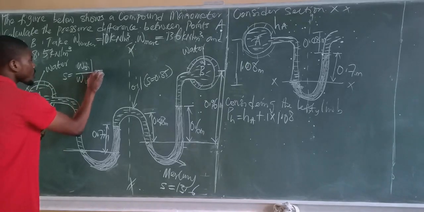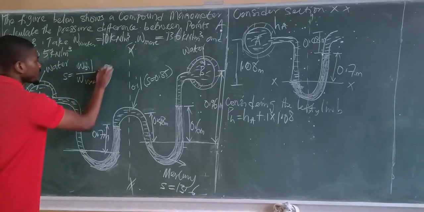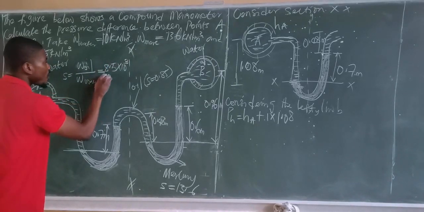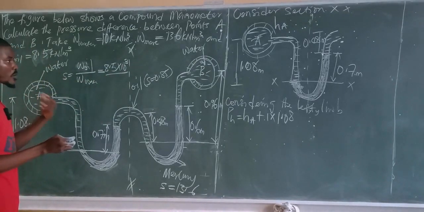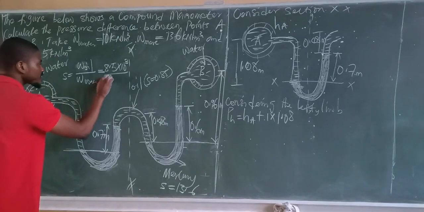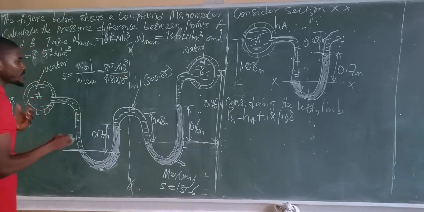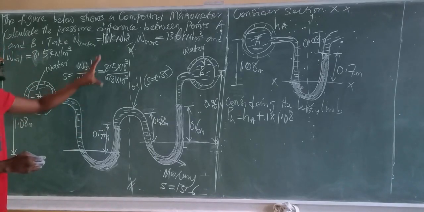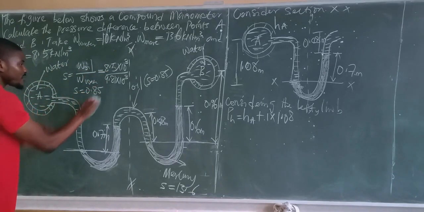So this is now equal to specific weight of oil, given here as 8.5 kilo, which means by 10 to the power of 3, all over specific weight of pure water, a constant value of 9.81 by 10 to the power of 3, or you can simply say 9810 newtons per meter cube. And if you carry out this division, it will give you the specific gravity of oil to be equal to 0.85 approximately.